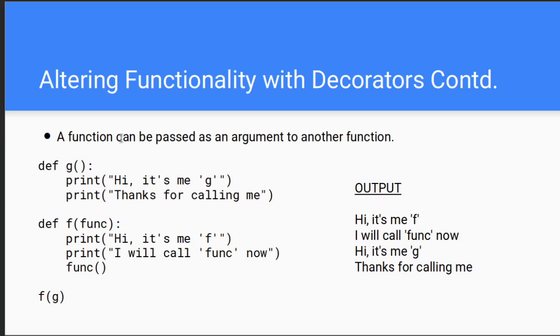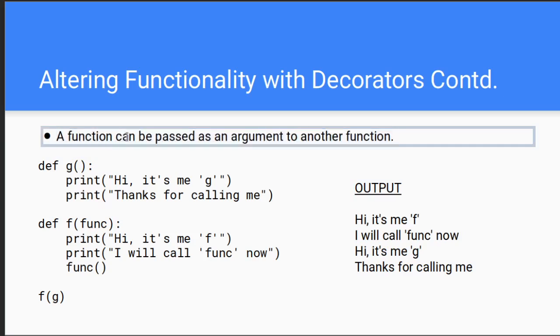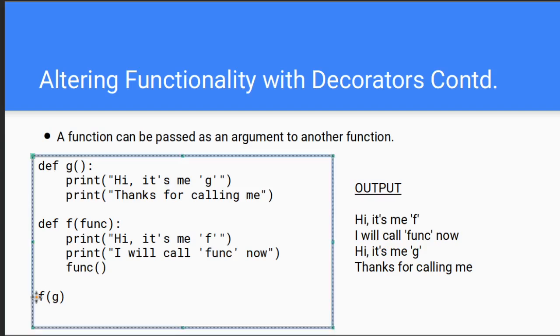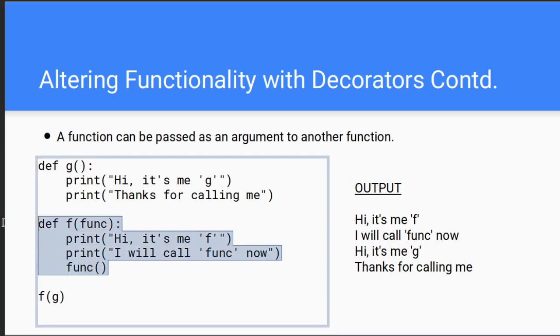Okay, thirdly, a function can be passed as an argument to another function. So our main line here is we are calling f, but we have a new definition for f. We're going to call it, and we're going to pass it g. And now g is actually a function.